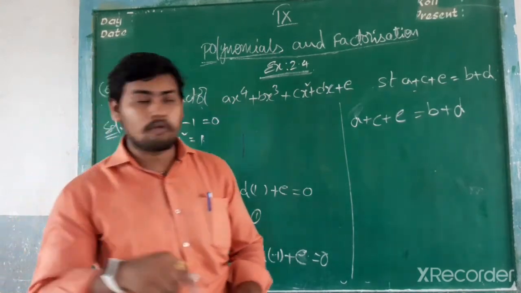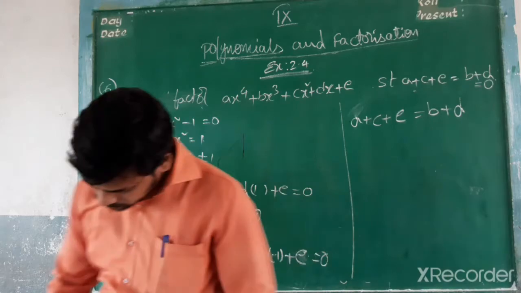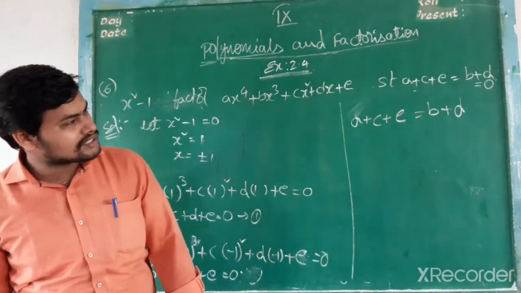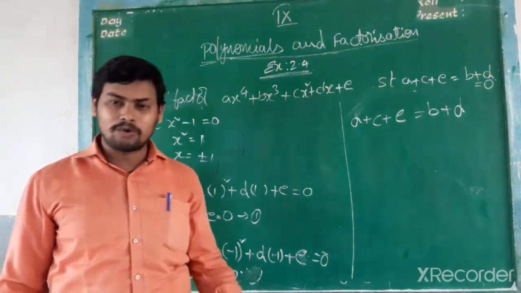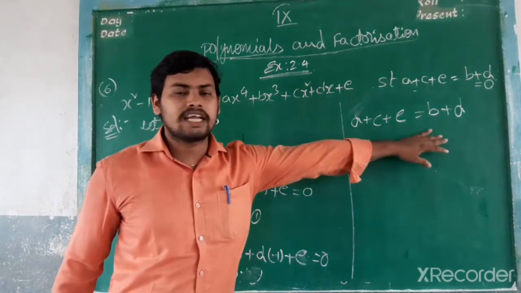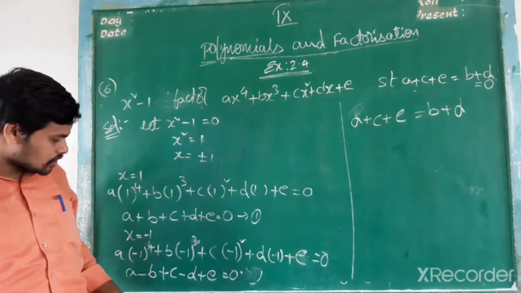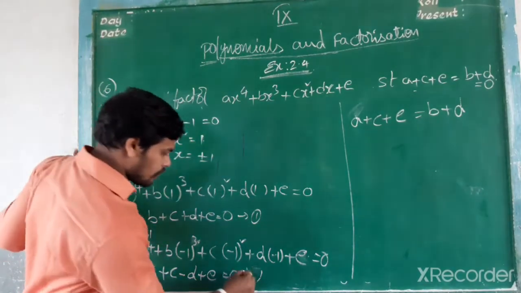Both are equal to 0. So a plus c plus e equal to b plus d equal to 0. Here a plus c plus e equal to b plus d, we get that from equation 2.